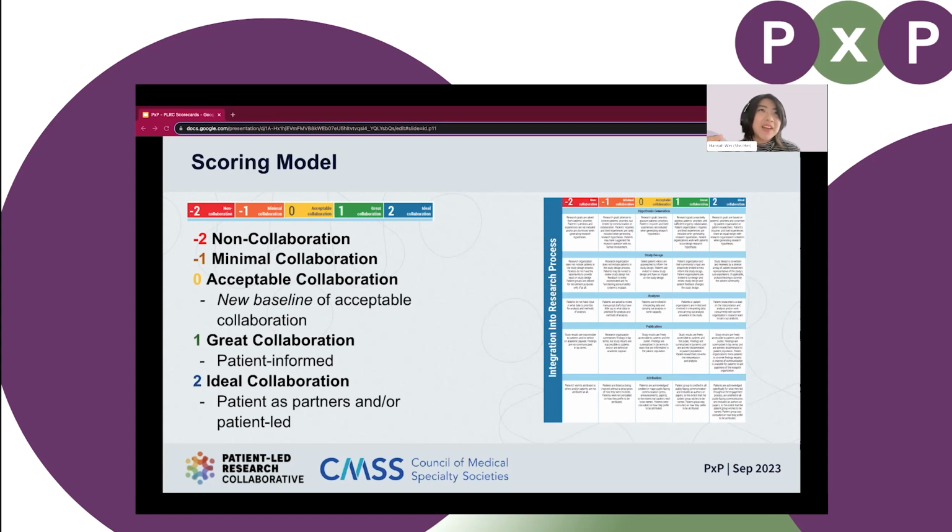With this in mind, we really want to set the tone for a new acceptable baseline of collaboration, and that is 0. If you score 0 on these scorecards, you are doing what is effective for the patient community, but there's also room for improvement. But if there is no collaboration, or minimal collaboration, that's below the baseline for us, and there's a lot of room for improvement. So that's how we came up with the scoring.